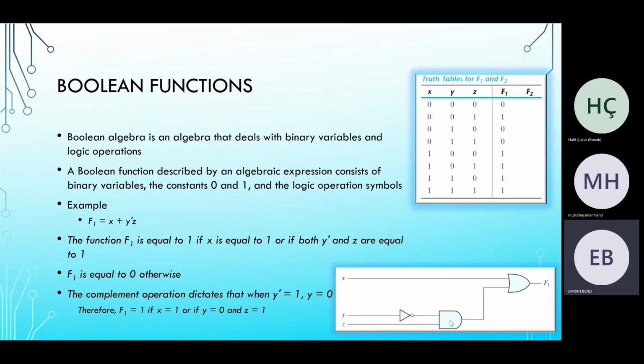This is the AND operator, giving y prime z, and it goes here. This will be the plus sign for us, x or y prime z, and the first term comes from here, and we combine them here. I didn't start logic gates yet, but I'm trying to show you with the simple ones.